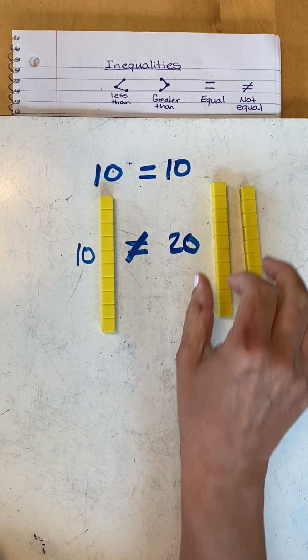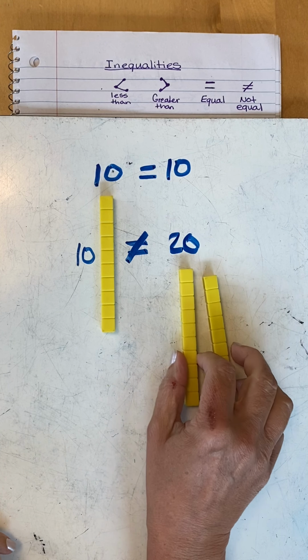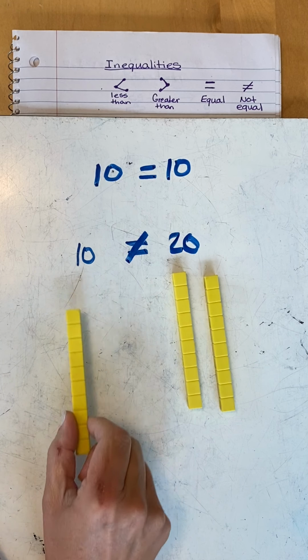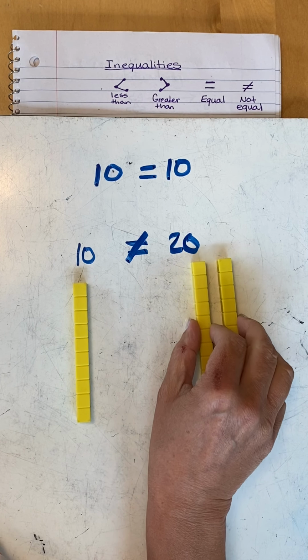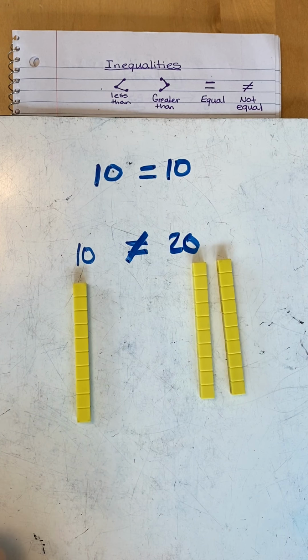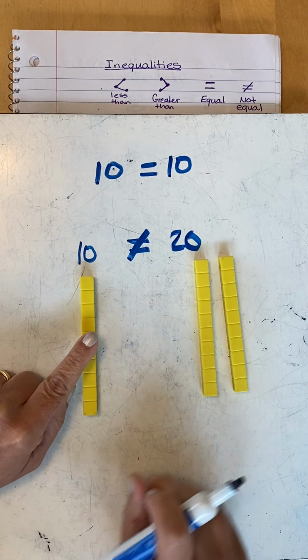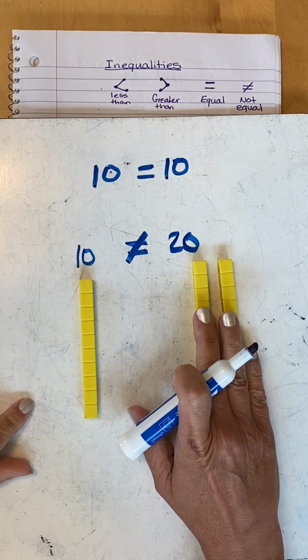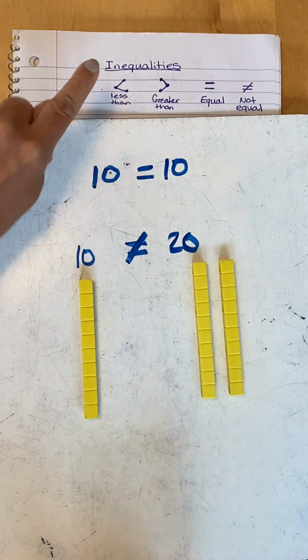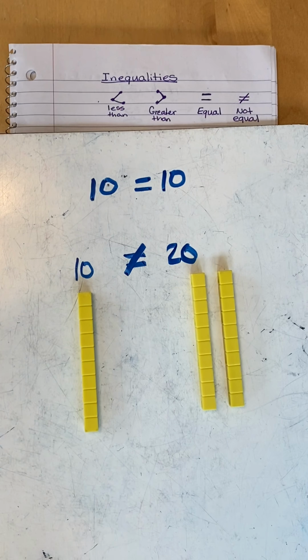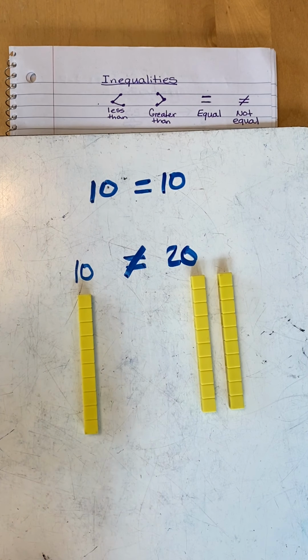So now let's take another look at how we can represent these. So here we're looking at 10 again, and here we're looking at 20. We know that 10 is less than 20. So we want to use the less than sign. Now, I know I personally used to struggle with this until I had a few tricks in my hat to remember.